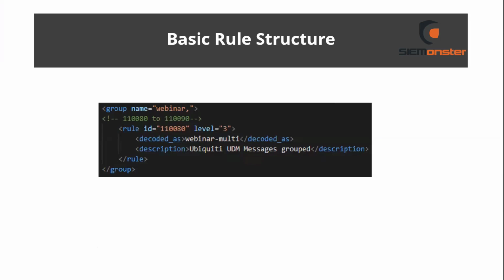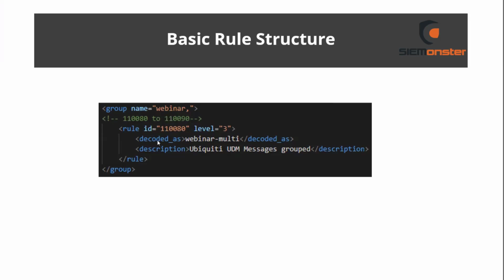So this is what a completed catch-all rule looks like, a very basic one. You can see that I've got my rule group, that's group name webinar, there I close it. You can see that I've stipulated what my range is for my alerts. And the first one is obviously the first number there. I specify the number as 3, which means that it's the lowest that I can set it without it being discarded.